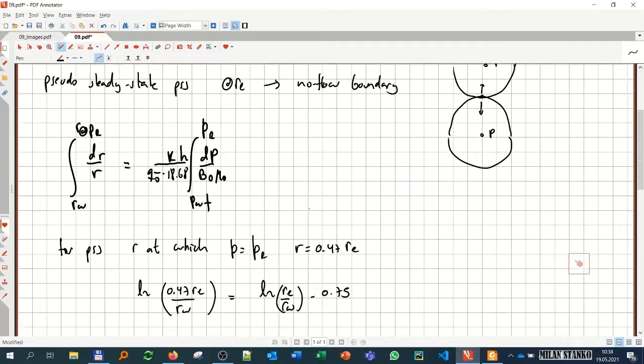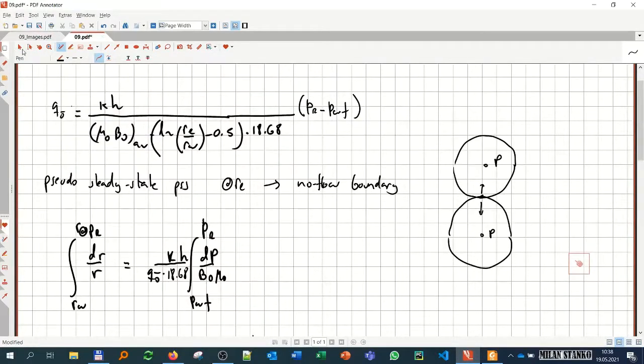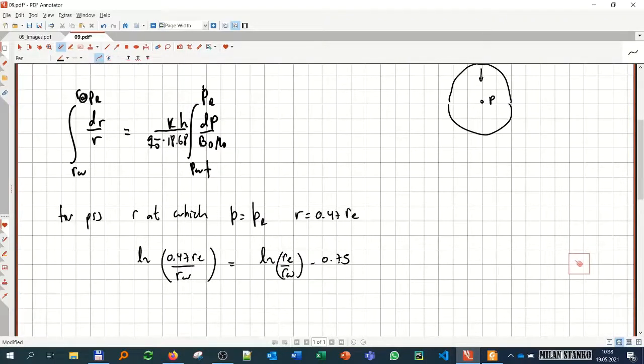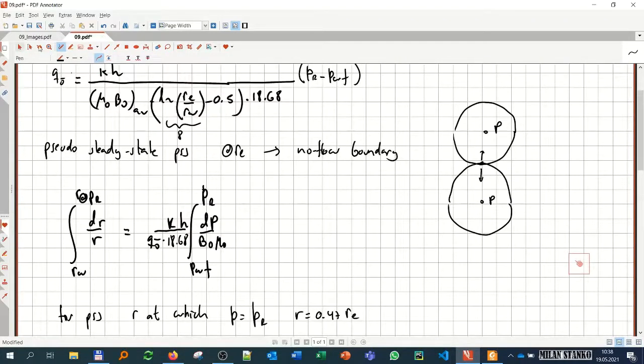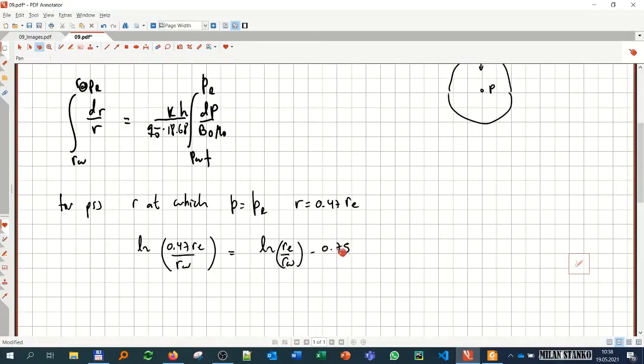You remember in the steady state case we had 0.5. Remember we said this ln term is around 7.5, or 8, so the change between 0.75 and 0.5 is actually quite small, quite negligible. That's the effect of the boundary.